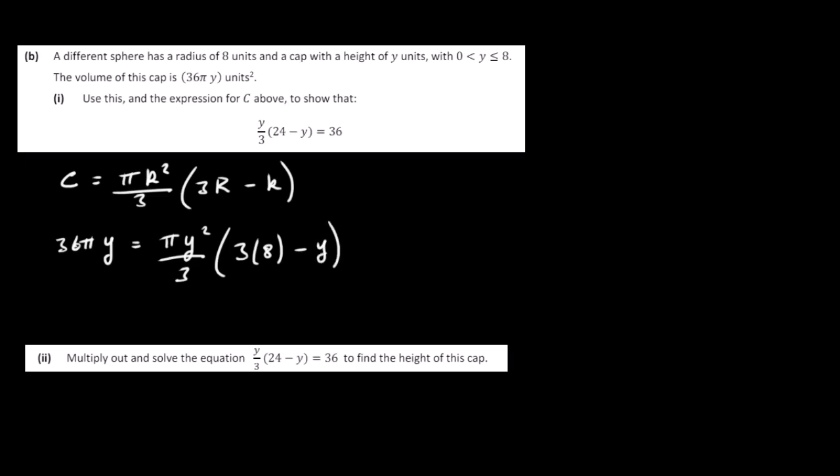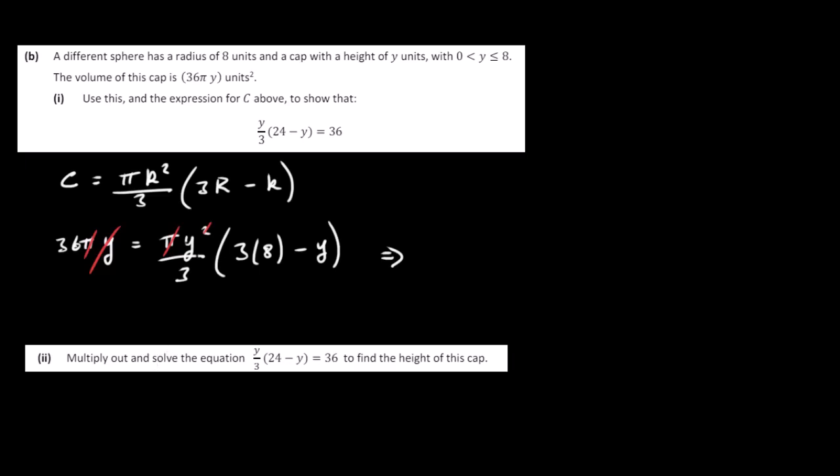So this is it. Let's see if we can just get rid of a few things here. We've got a pi on this side, which is multiplied, a pi on this side, which is multiplied, so we can just divide across by pi. We need a y over 3, so I need this here. However, I don't need the y squared, but look, there's a y on this side which we can divide by. There's a y on this side, which is y squared, so we can get rid of one of them.